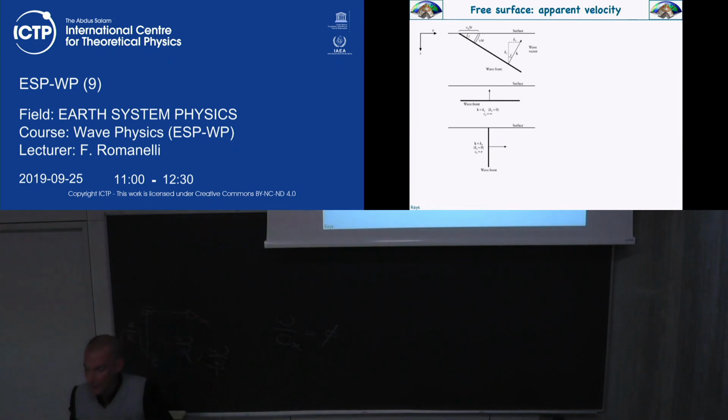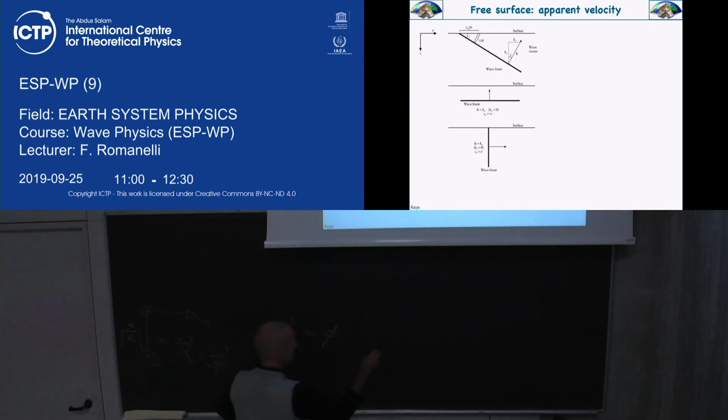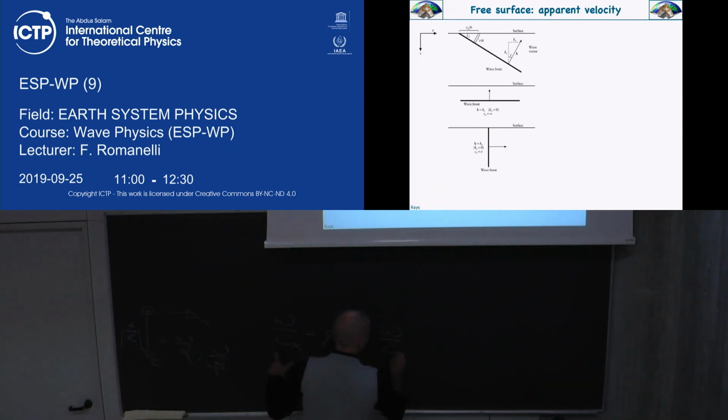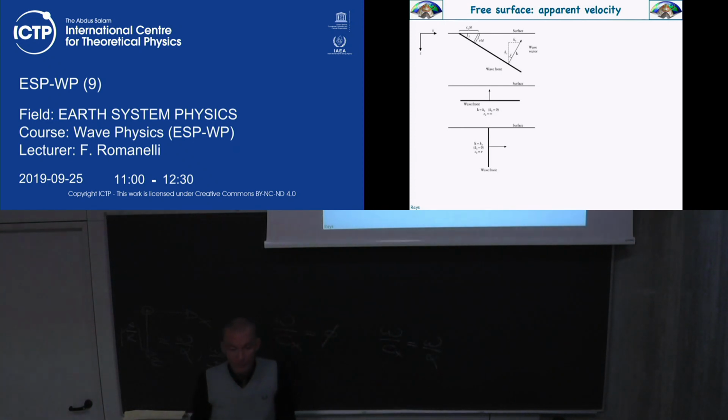Because Cx is infinite. Let's give a look to the other extreme case. The wave is arriving from a specific direction and k is totally kx. Now, omega over Cx is equal to omega over the velocity, alpha or beta. Okay? What about the intermediate situation?